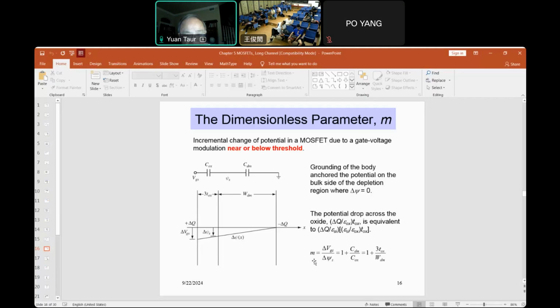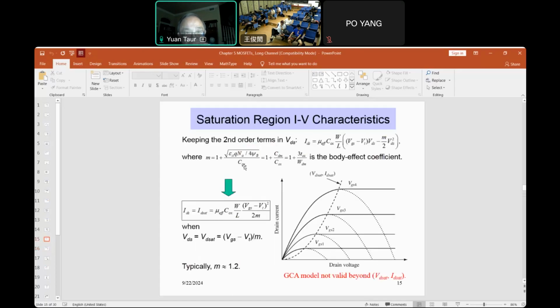That's M. But M is defined as delta VGS over delta psi S, and that's WDM plus 3 TOX divided by WDM, or 1 plus 3 TOX over WDM. That's exactly what we have here, 1 plus 3 TOX over WDM.